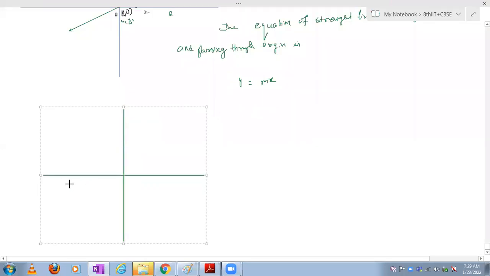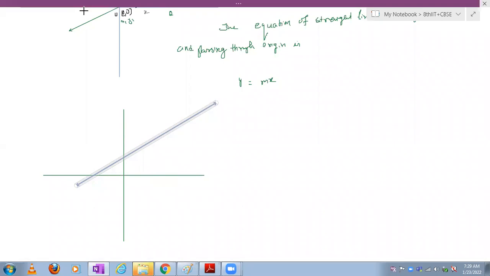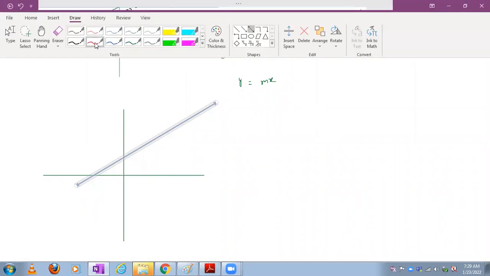This is another straight line. Okay? So this straight line is generally passing through x1, y1.